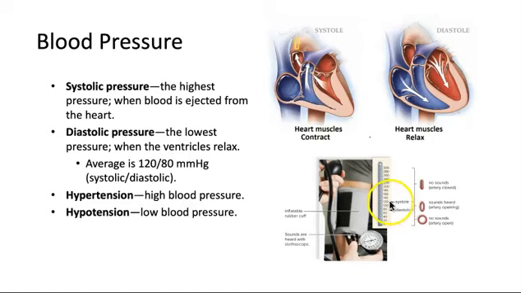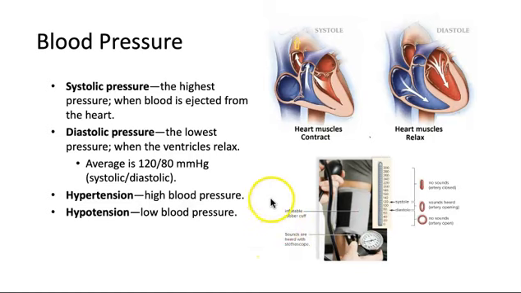So that first sound that we hear is going to be the systolic pressure, and then you'll listen to it go do-do, do-do. And then at the diastolic pressure is when we no longer hear any sounds because the artery will be completely open. So that will give us our diastolic pressure number, 80.